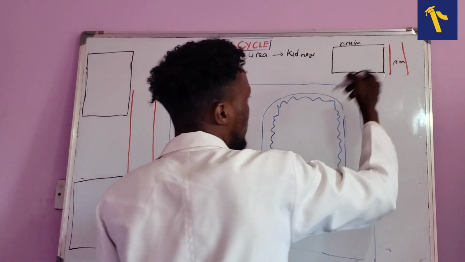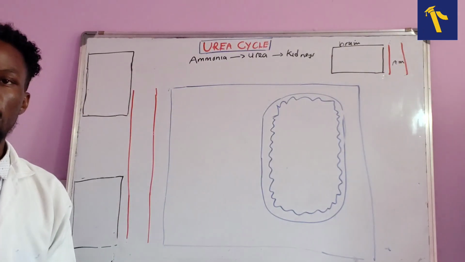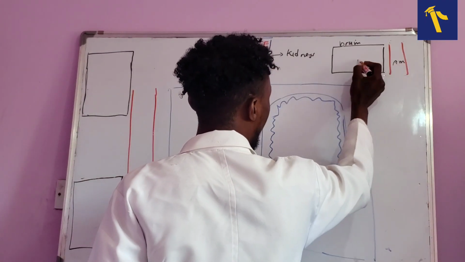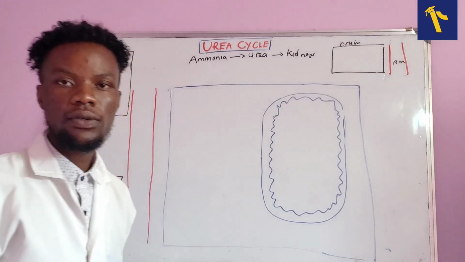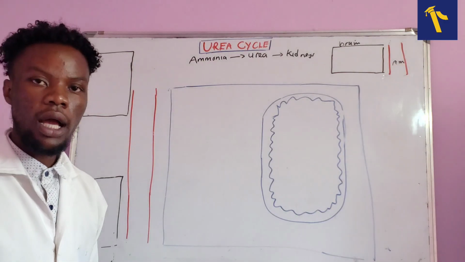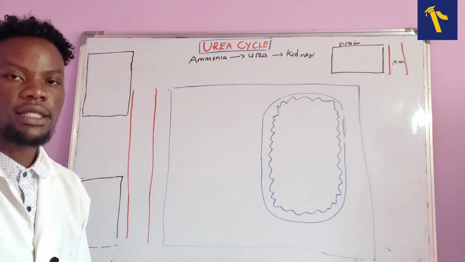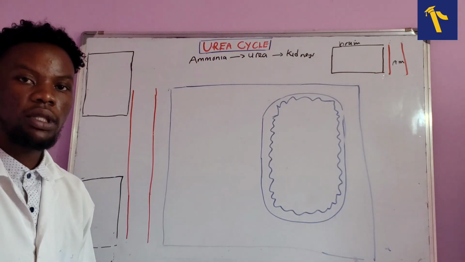So ammonia, if it is left accumulated in the blood vessels, has the ability to enter into the brain via certain cells that we call astrocytes, and those cells convert that ammonia into a substance which we call glutamine.